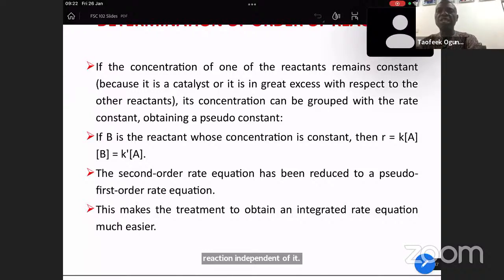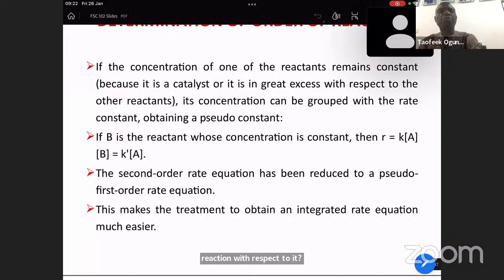So what you do is you keep the concentration of one constant while you vary the concentration of the second one. So for example, if you're dealing with A plus B to give you C, you want to know what is the order of A, what is the order of B? Or what is the order of reaction with respect to A, what is the order of reaction with respect to B?